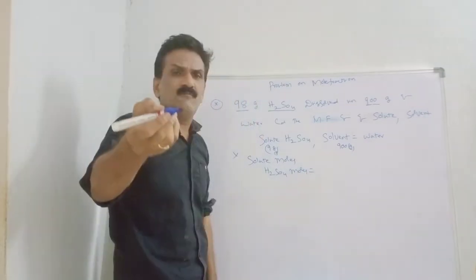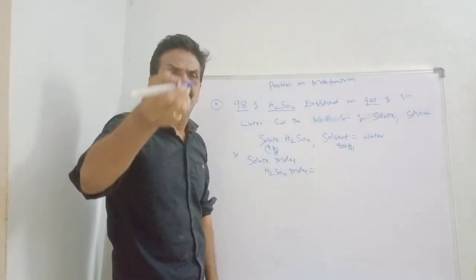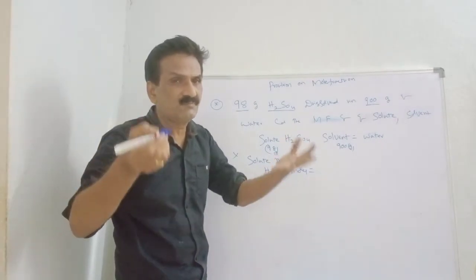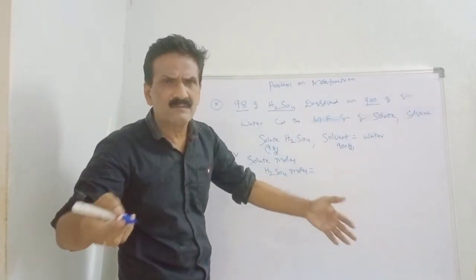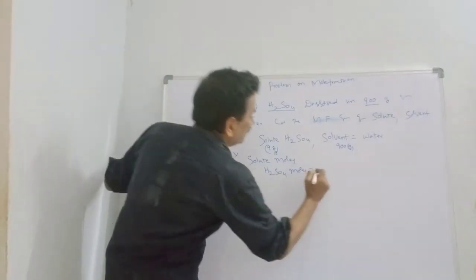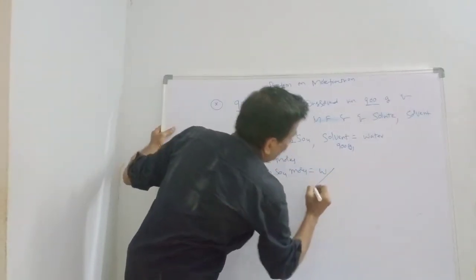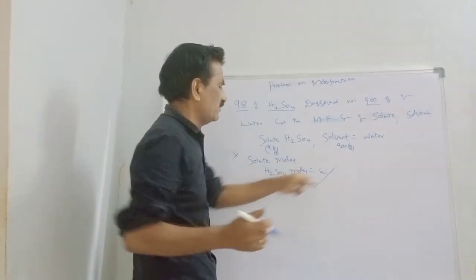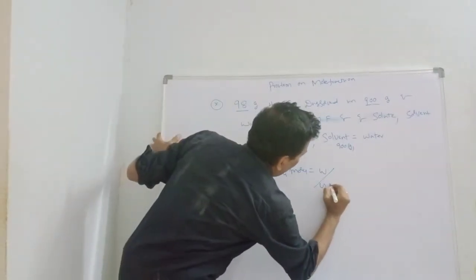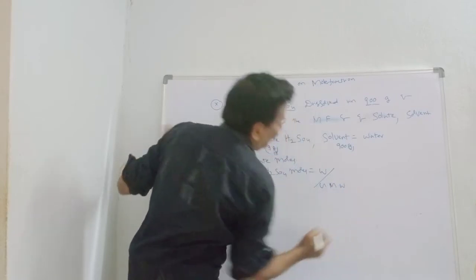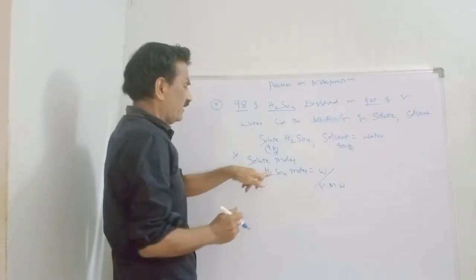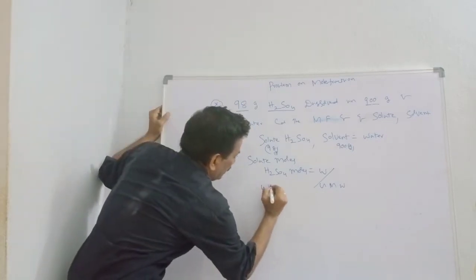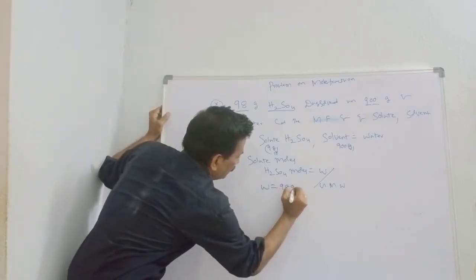What is the formula of number of moles? Weight of the substance upon gram molecular weight, or gram molar mass, you can say. What is the weight of the substance? He has given. I am going to write W is equal to 98 grams.